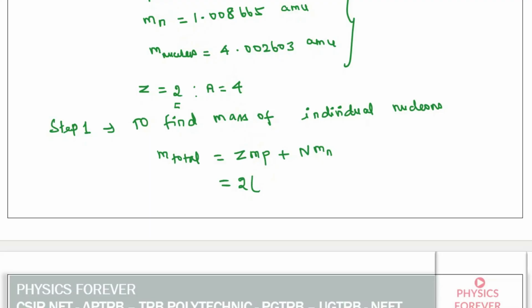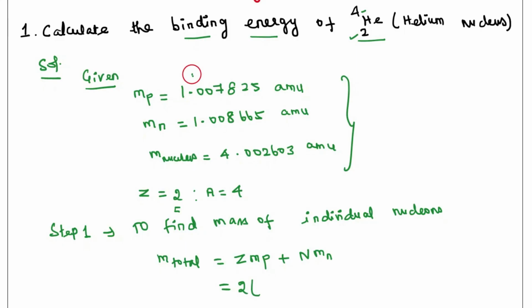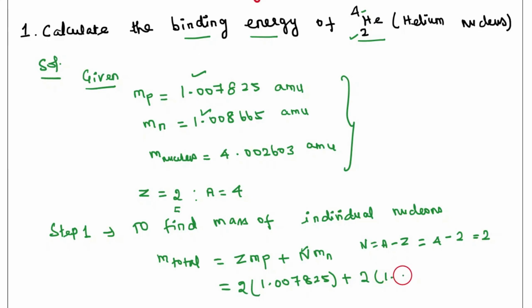Then the mass of the proton is 1.0078825, plus the neutron, how do you find it? The number of neutrons is A minus Z. A is 4, Z is 2, so neutrons are 2. So 2 times the mass of the neutron, that is 1.0086665.